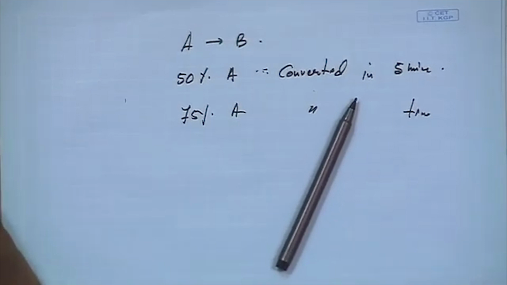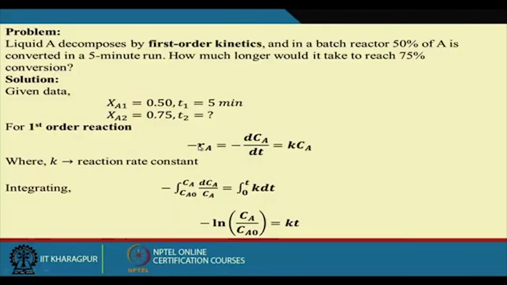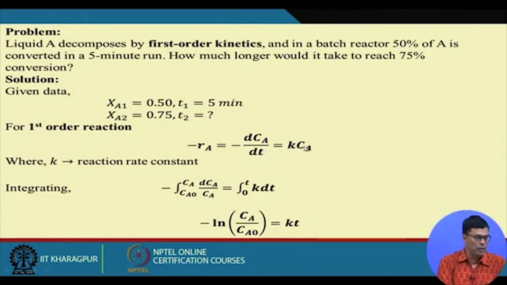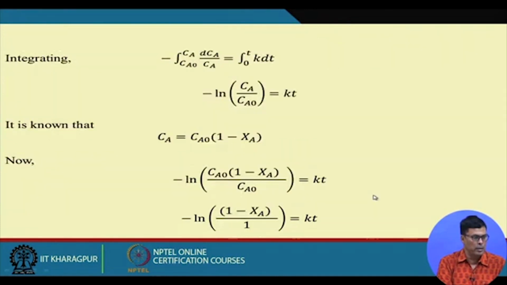So what we have done here: you just see that minus rA, as we rightly know, is minus dCA by dt equal to K into CA. We assume this is first order, as already mentioned, first order kinetics. Now integrating in the range between CA0 to CA and K into dt, we can write ln CA0 by CA equals kt.